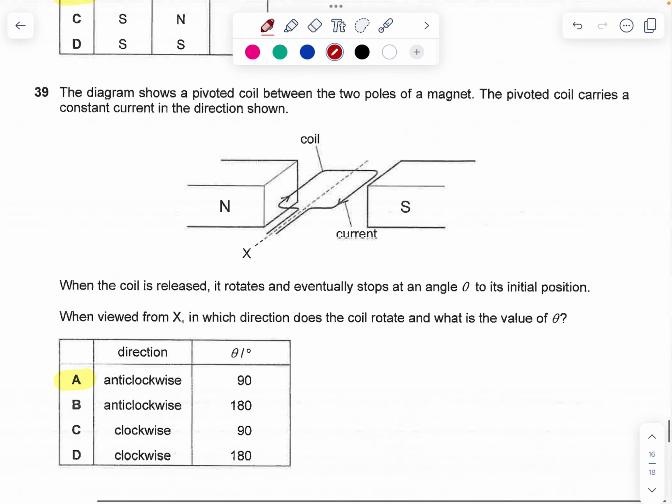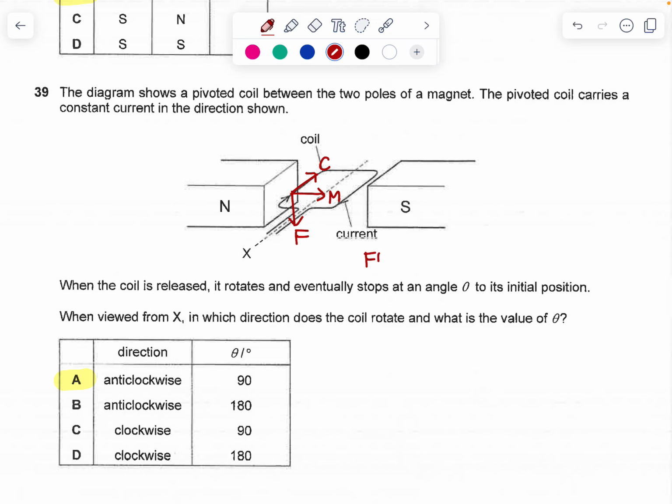Question 39. The diagram shows a coil in between 2 poles of a magnet, and the coil carries a current. So, using Fleming's left-hand rule, north to south magnetic field, current is carrying in this direction. Father, mother, child.